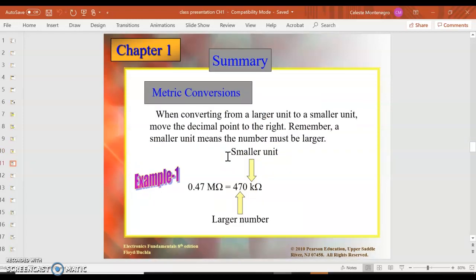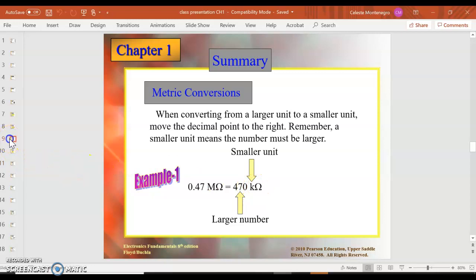Next, metric conversions. This is very important, okay? We are going to be seeing different ways that we can do metric conversions, and I will create a different video where I'm going to say step by step how to make a metric conversion. In this case, we're going from 0.47 mega ohms to kilo ohms.